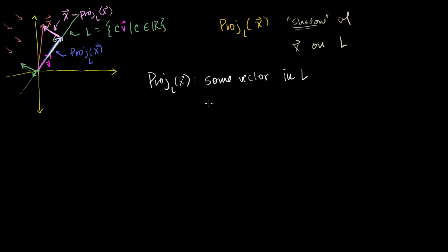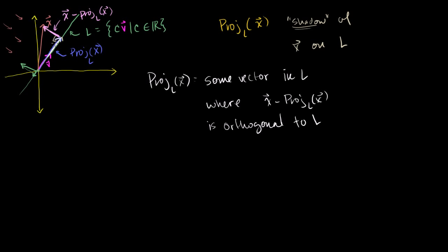Some vector in L where, and this might be a little bit unintuitive, x minus the projection onto L of x is orthogonal to my line. So I'm saying, this is my definition. I'm defining the projection of x onto L to be some vector in L where x minus that projection is orthogonal to L.